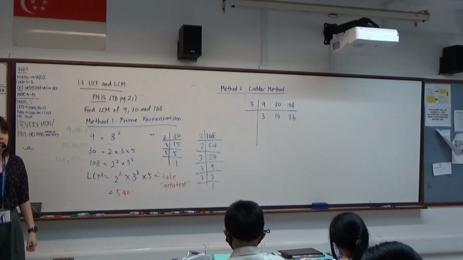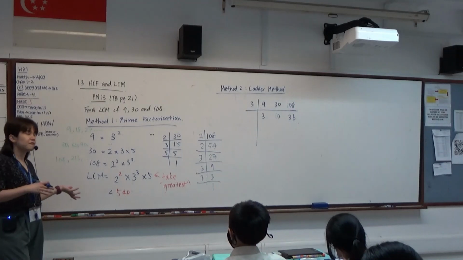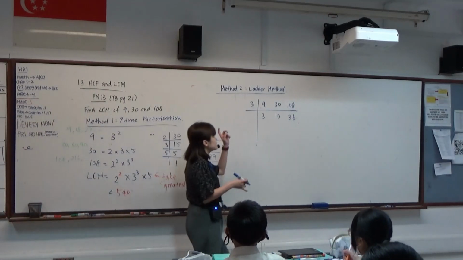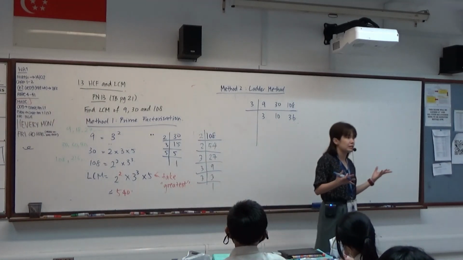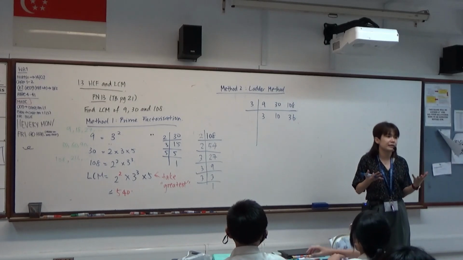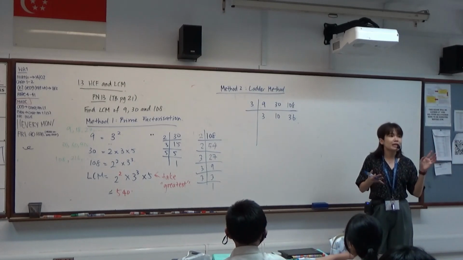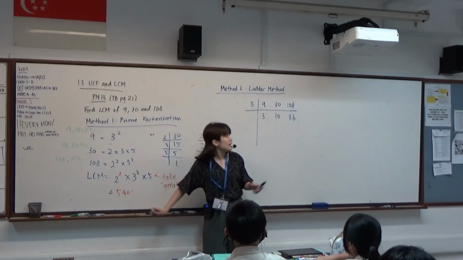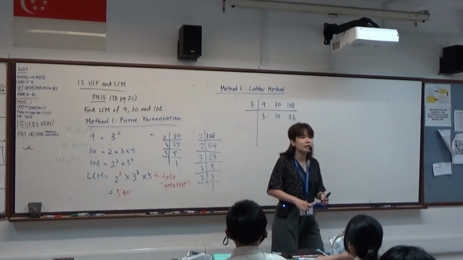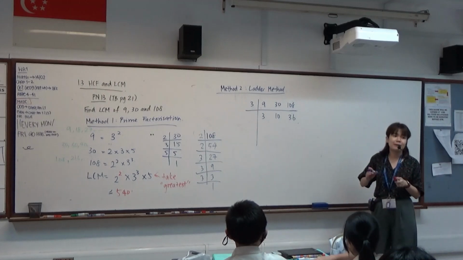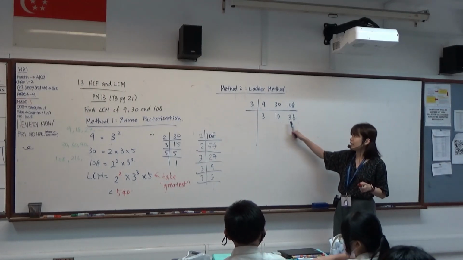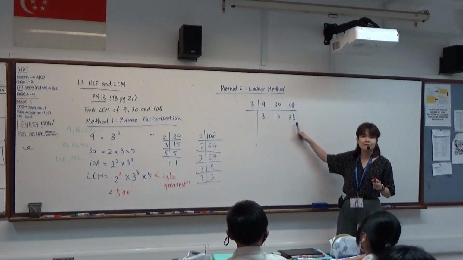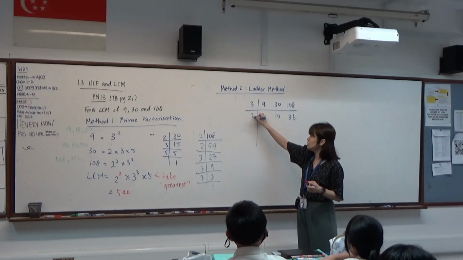Cannot already, right? In our highest common factor, what we learned is that as long as all cannot divide, we stop there and then find the highest common factor. But when it comes to lowest common multiple, we can only stop when 2 of the numbers no longer have any more common prime factor. So between 10 and 36, there's still a common prime factor of 2.